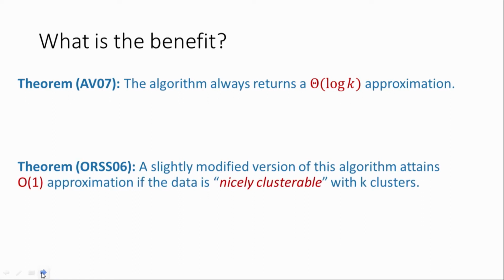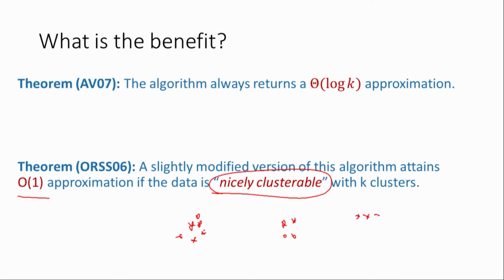So how do we capture that? We capture that with this kind of guarantee. What this guarantee says is that suppose the data happens to be nicely clusterable. I'll define what it means. Intuitively, the data is not like this.